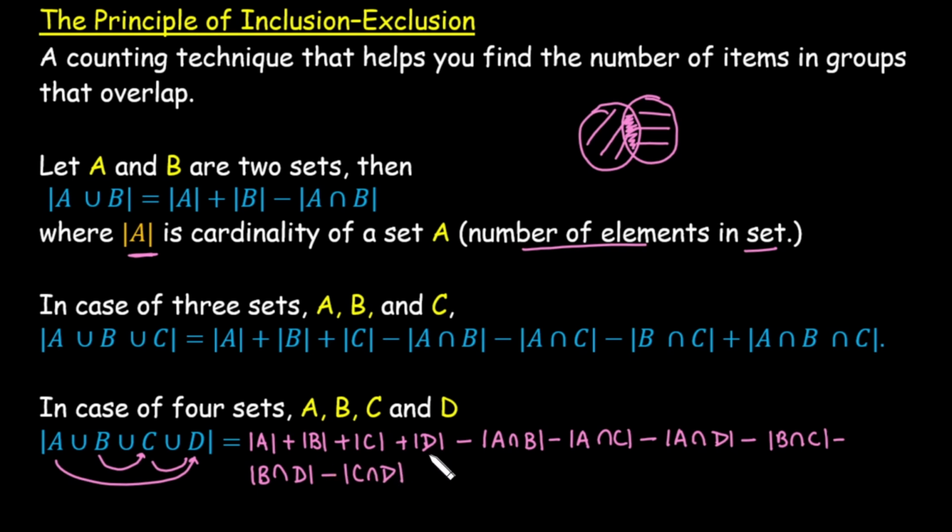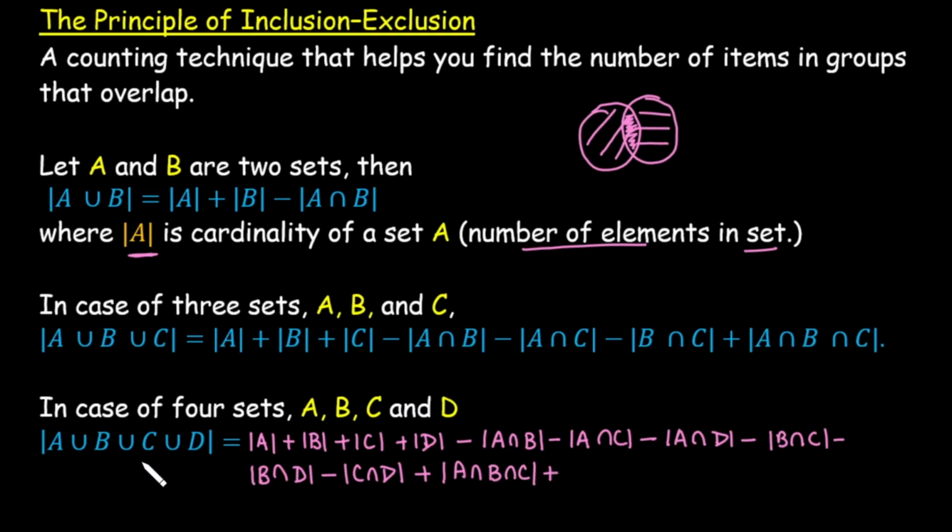After that, we change the sign. Here we considered the plus and then we took negative. Now we will take the plus. Basically, we are taking alternating signs. And we will take three sets at a time. So starting with A, B and C sets with intersection, plus.